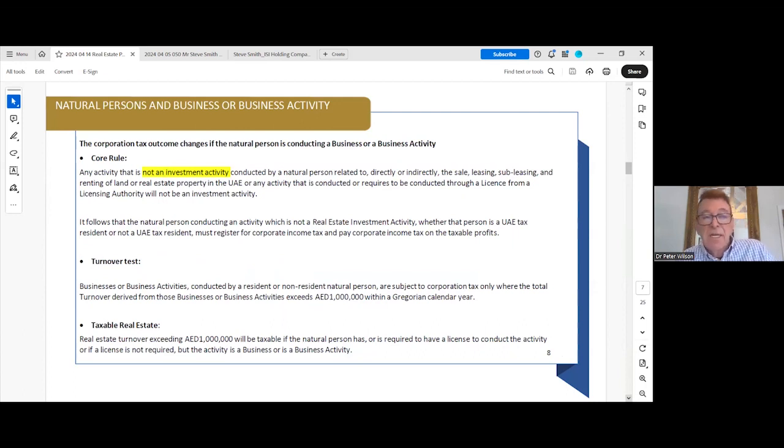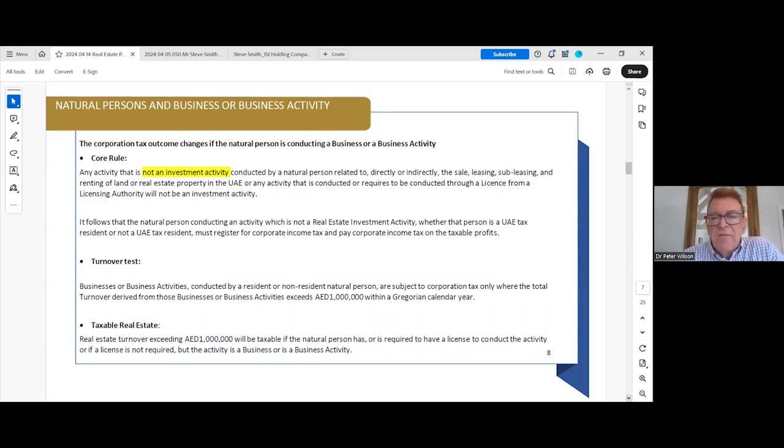I recently, as strange as this may sound, about a month ago, a gentleman came to me who told me that he'd sold 2 billion dirhams worth of property in the UAE last year. This was a natural person, and he asked me whether I thought if his activities carried on in 2024 like that, would he be liable to corporate income tax?